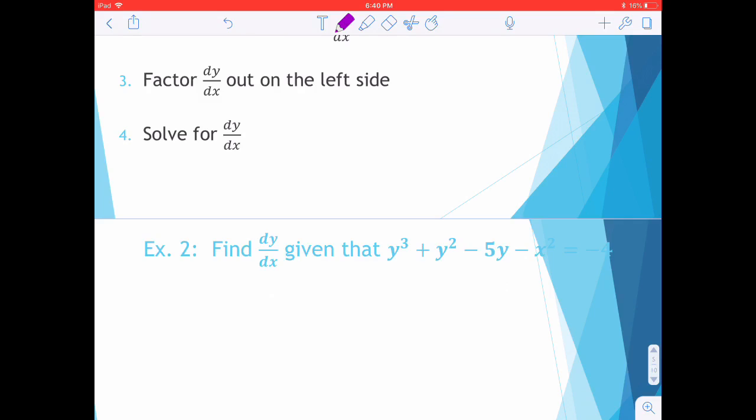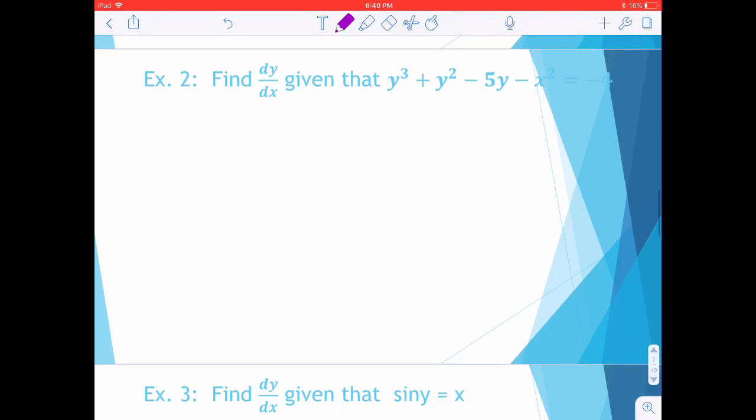Alrighty. Okay, let's work on example 2 here. We want to find dy dx given that we have, oh, this is kind of hard to see here, y cubed plus y squared minus 5y minus x squared equals -4. We want to differentiate both sides with respect to x.